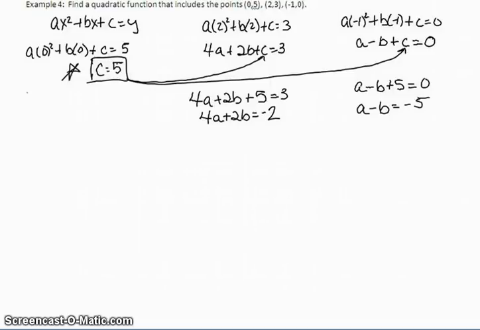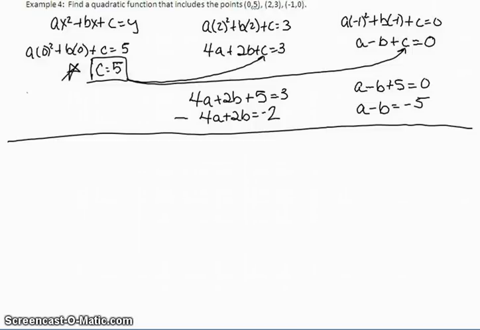Up to this point, everything is the same with elimination and substitution. Let's try to do substitution. I'm going to draw a line across there because those steps don't change. Now in substitution, you're going to solve one or the other of these two equations for a or b.